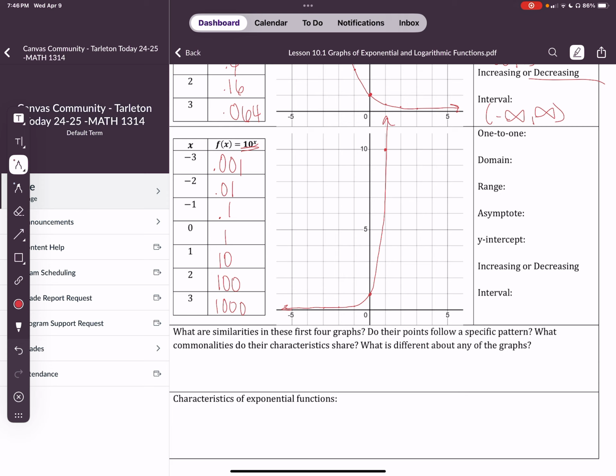Okay, and same questions. One-to-one, yes. Domain, negative infinity to positive infinity. Range is 0 to positive infinity. There is a horizontal asymptote at y equals 0. The y-intercept is (0, 1). It is increasing from negative infinity to positive infinity. Okay. Sorry if that was super fast. Sorry, it's the second time I've taught this.